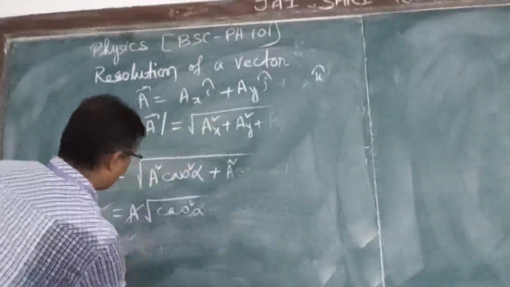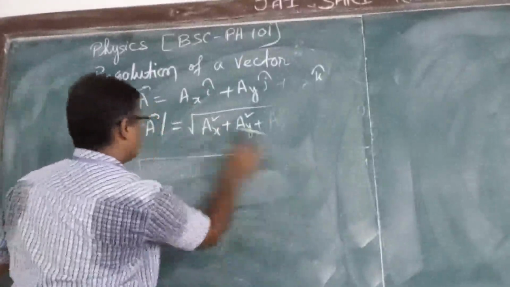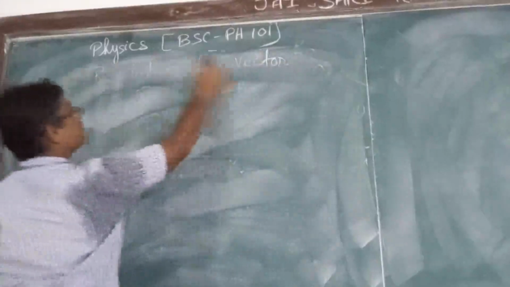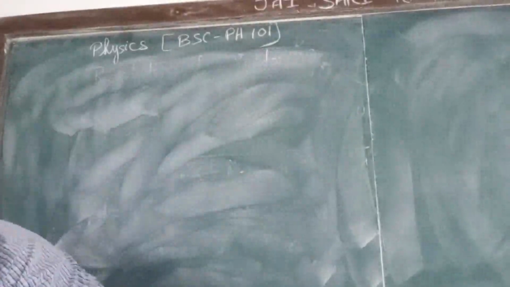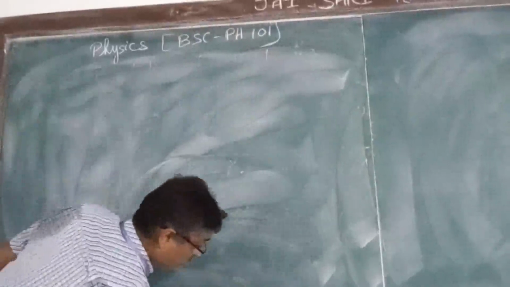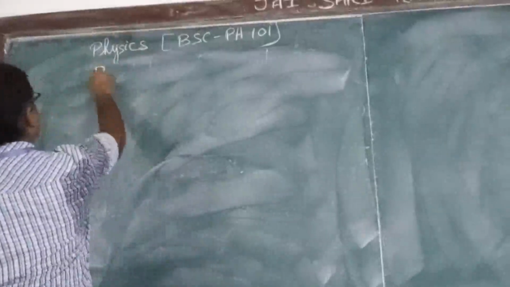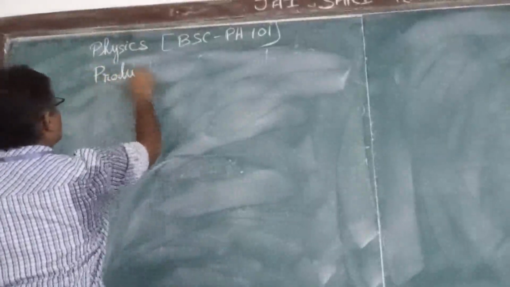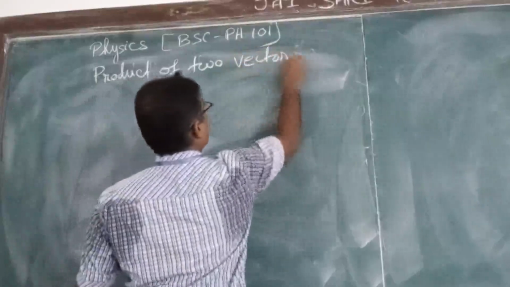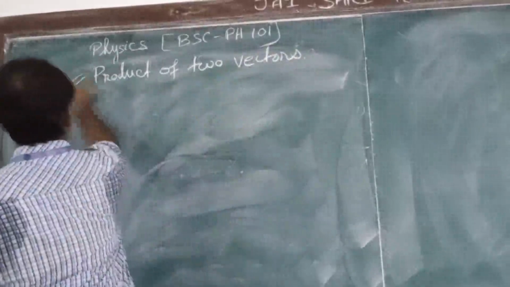The product of two vector quantities is known as the vector product, or the product of vectors.